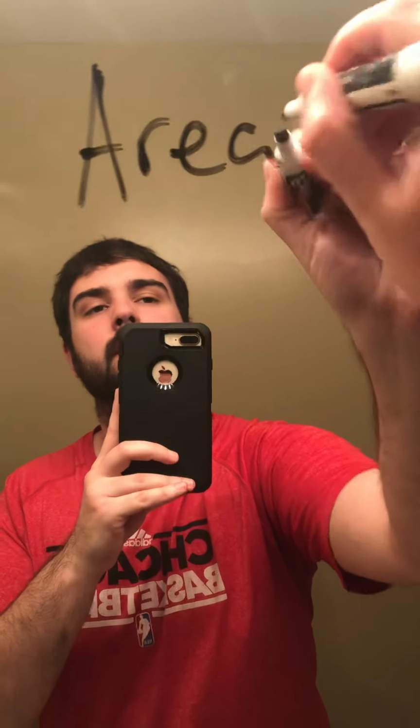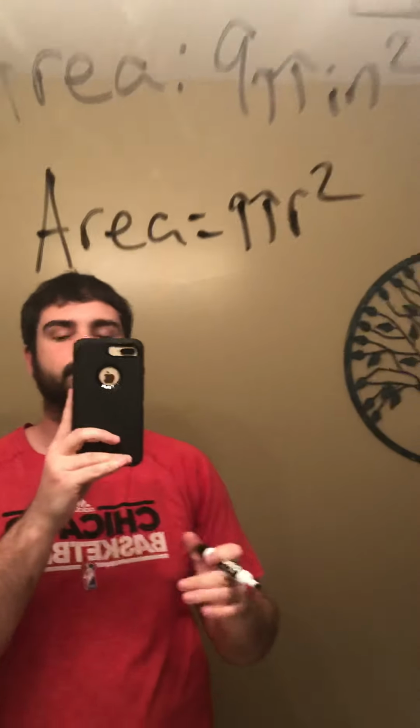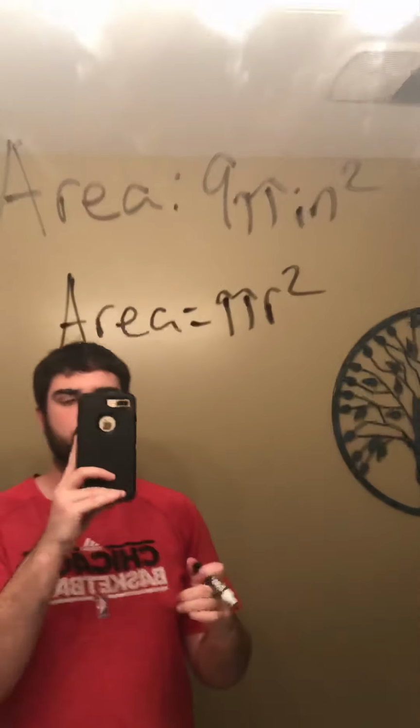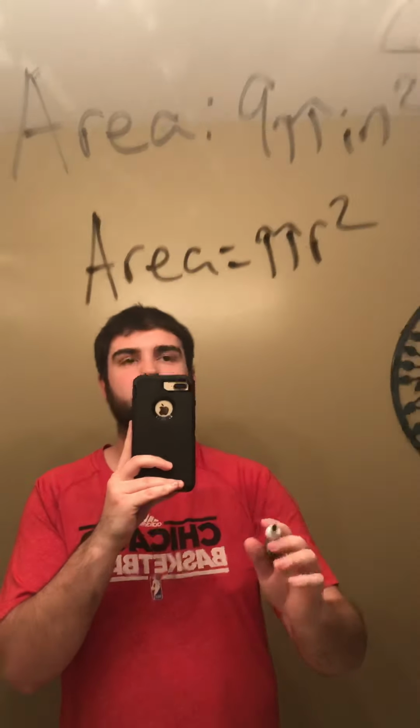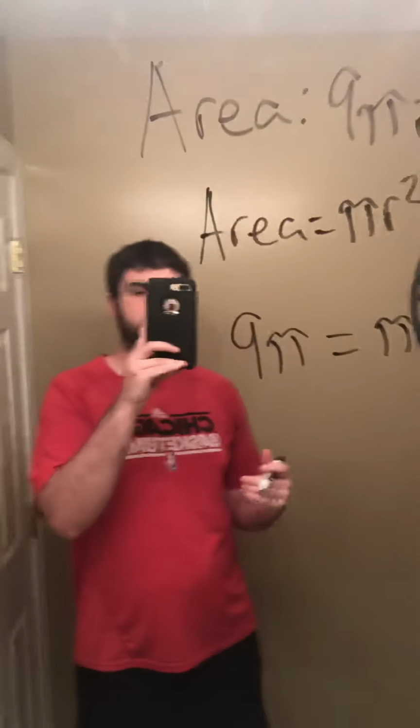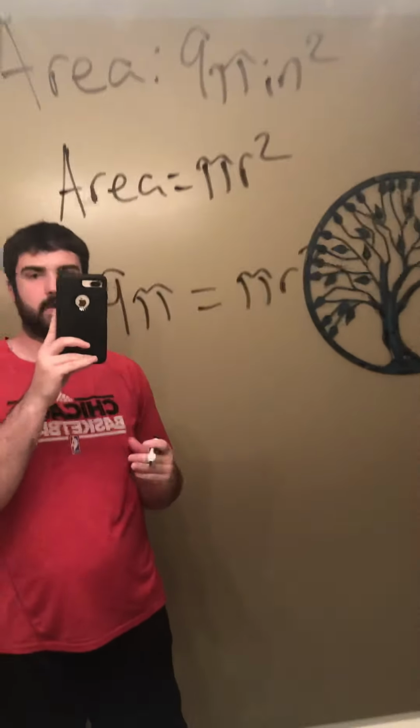So your formula is area equals pi r squared. You know your area is 9 pi inches squared. So you have 9 pi equals pi r squared.